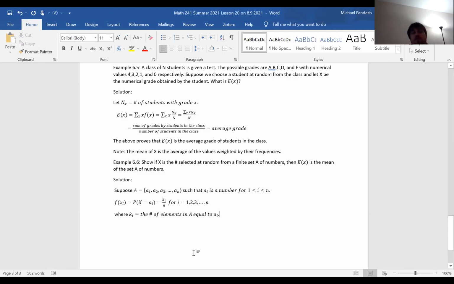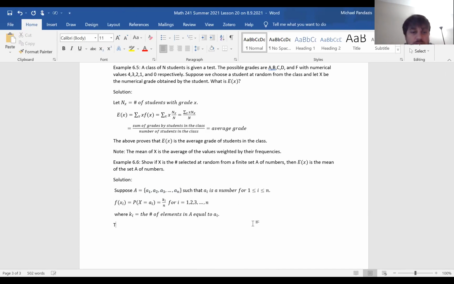So the probability that capital X has one of these values is the number of times that value appears in the set, which is k sub i, divided by little n, the number of objects we have in A.